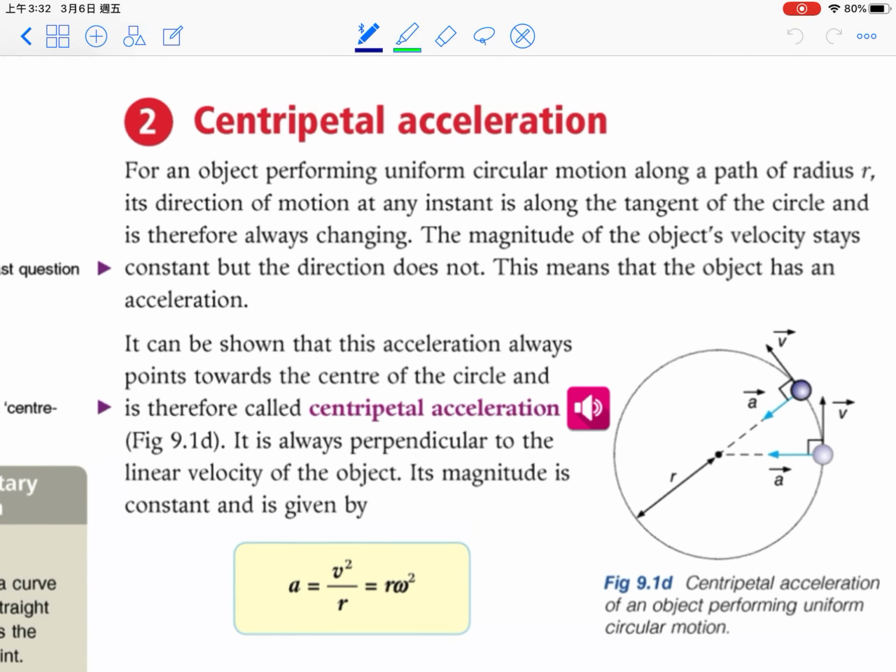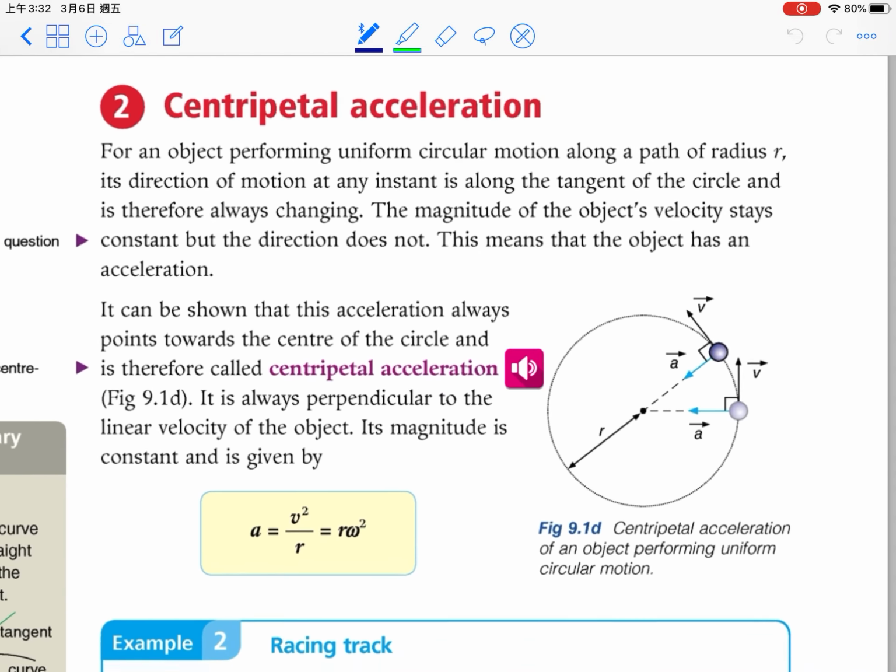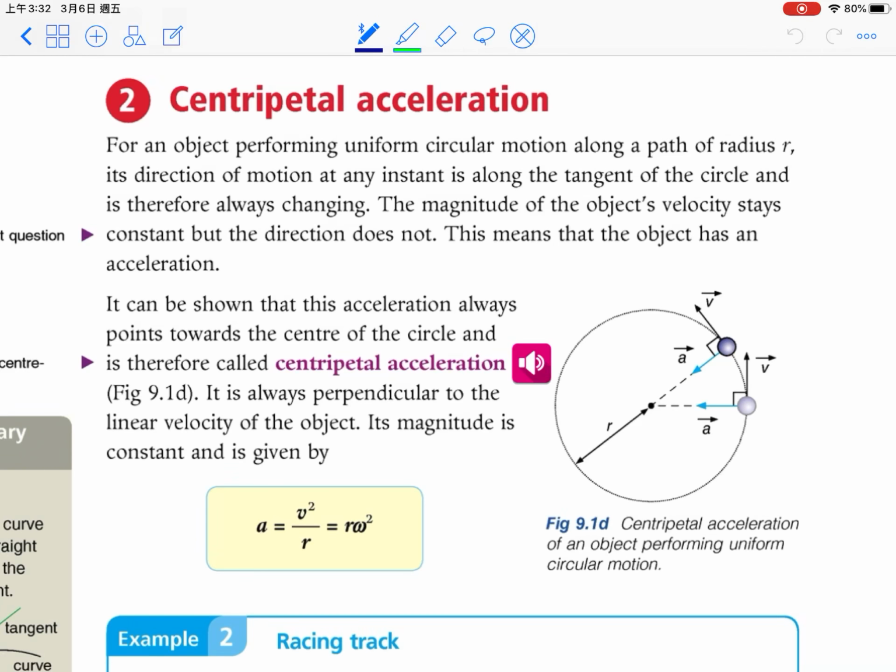Now we go to the last part. Do you think there is acceleration if the object is moving in a circle? The answer is yes, but do you know why?